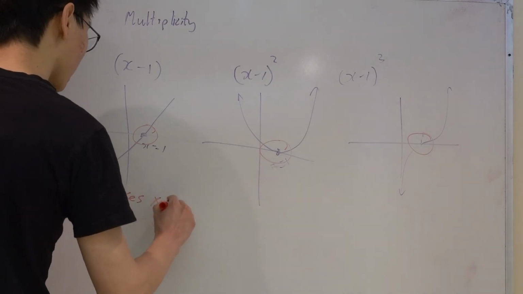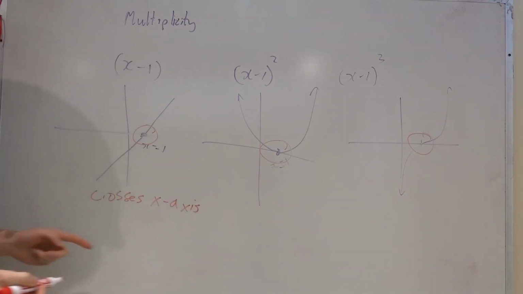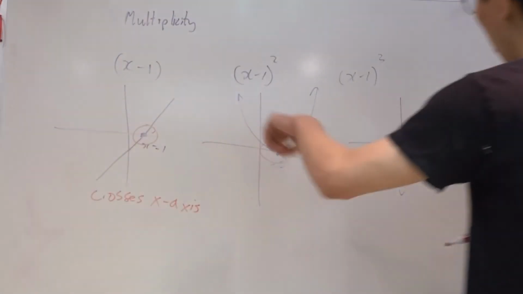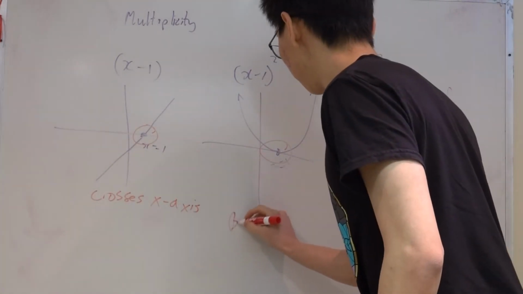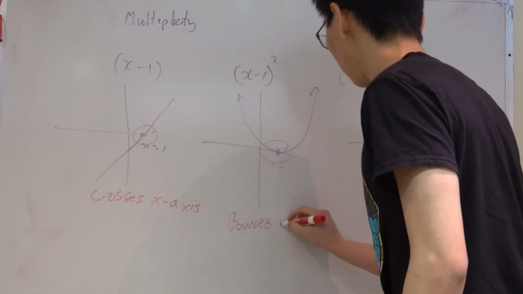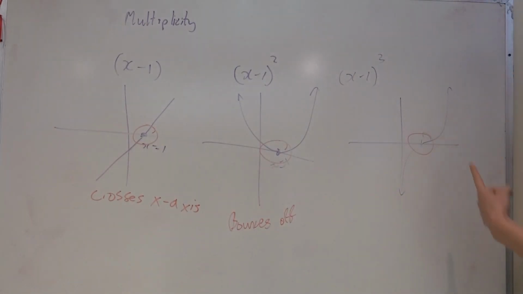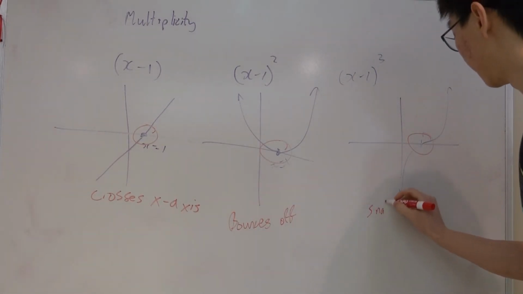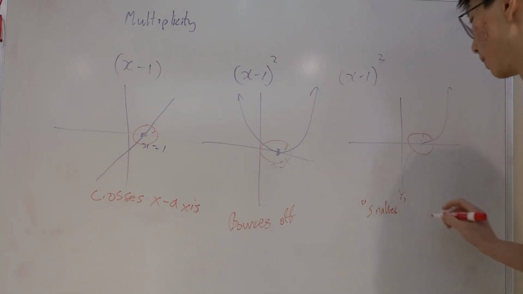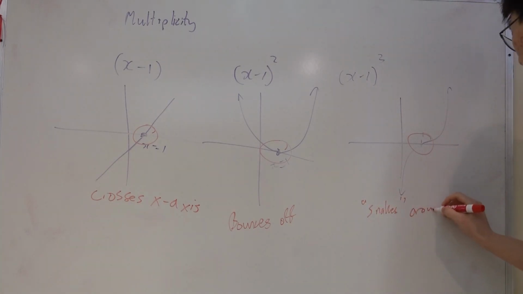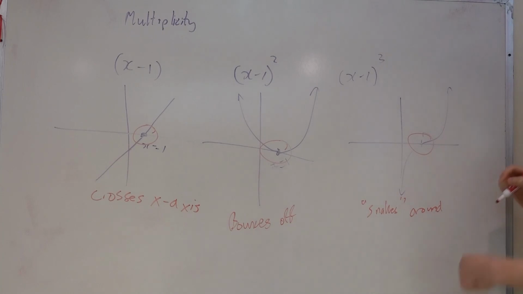It crosses the x-axis. Here, it bounces off the x-axis. And here, it snakes around the x-axis. So it still crosses it, but it does so in a way that it snakes around it. It approaches, it becomes flatter, and then it leaves again.